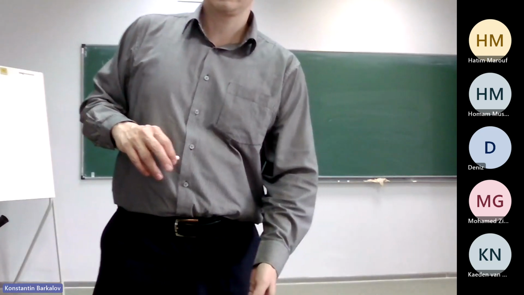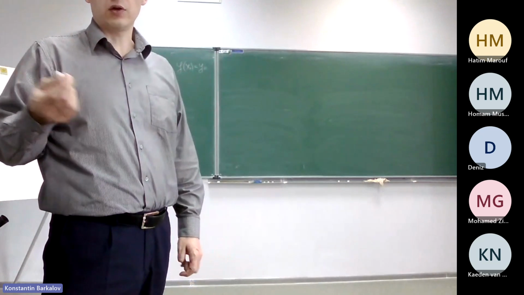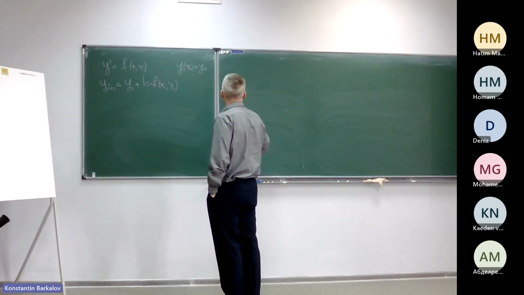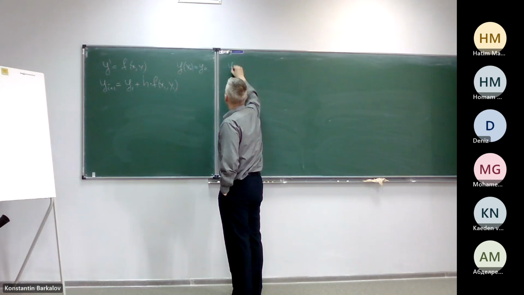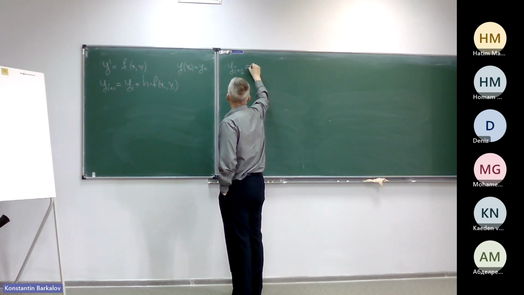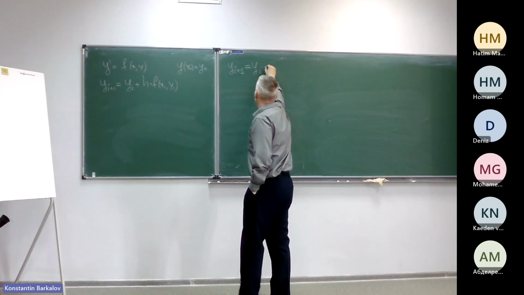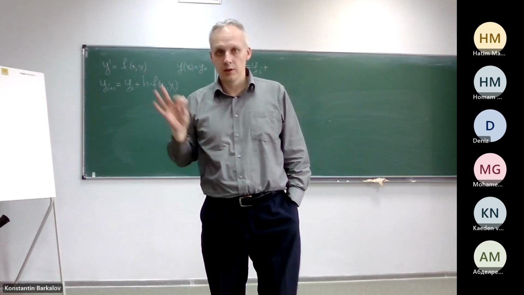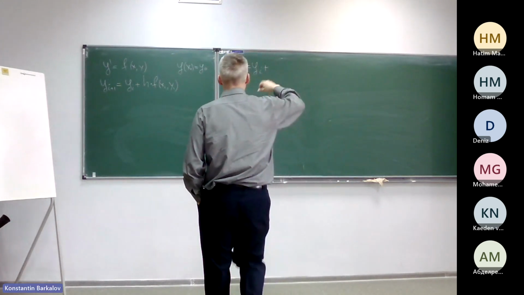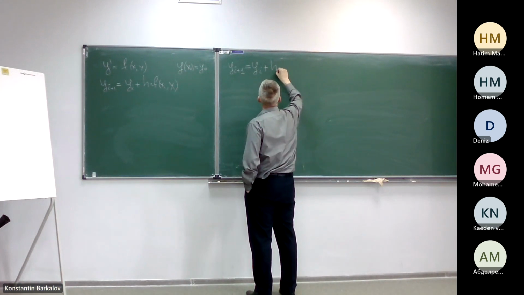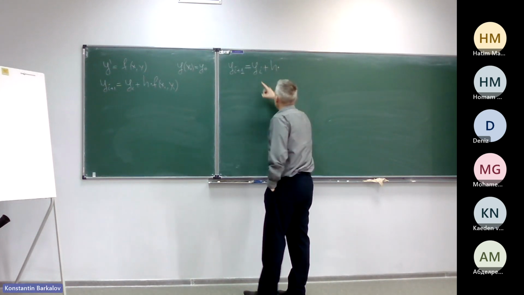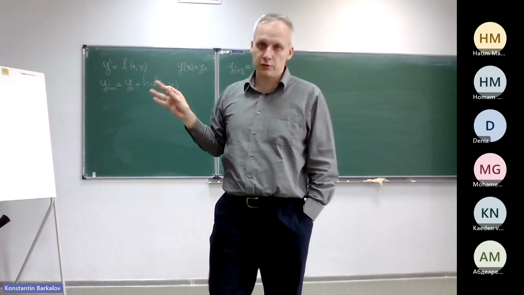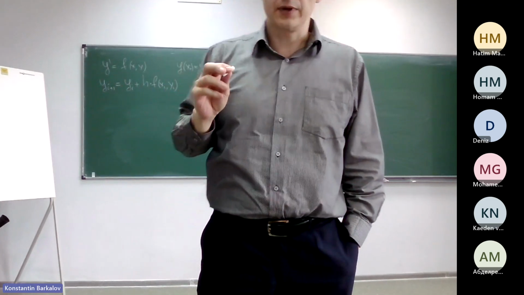the formula for the second order Runge-Kutta method. It can be written as follows. yi plus 1 equals yi plus, or even I can write it plus h times, so this plus this part of the formula exactly corresponds to the Euler's method.